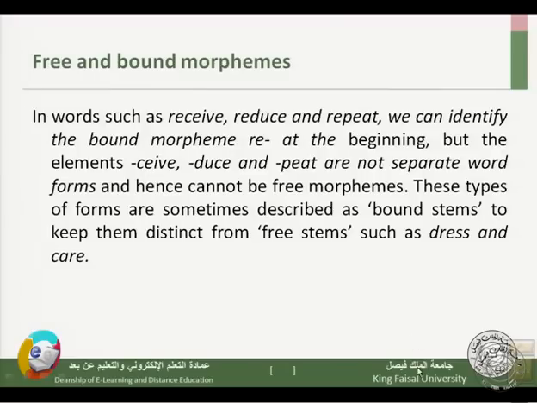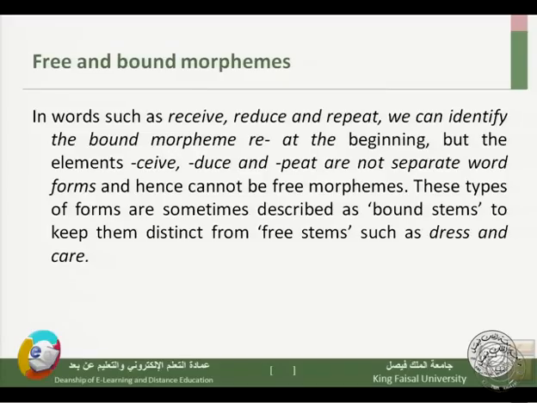These elements which are left, if you say them in English to any native speaker, he will not understand anything. So after removing the prefix re, these remaining elements do not have a meaning. That's why we cannot consider them as free morphemes.